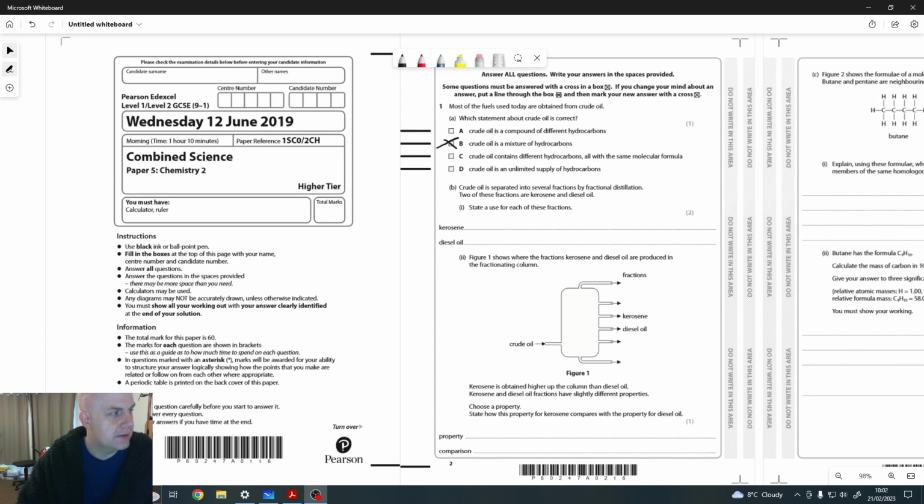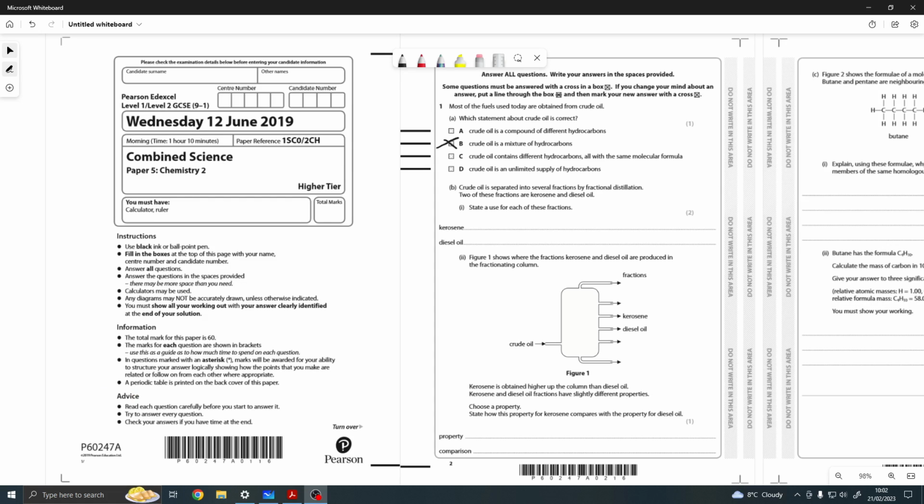Kerosene is used, amongst other things, for planes. Okay, it's used for planes, so it's used for jet engines. Okay, so it's fuel for planes. And diesel oil, of course, is fuel for cars.